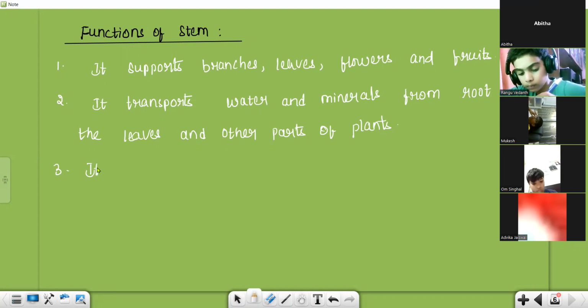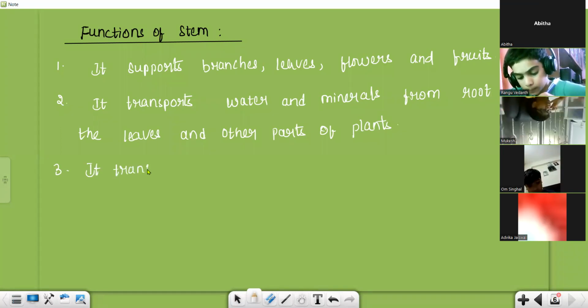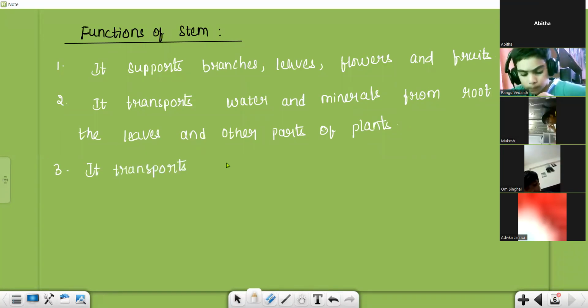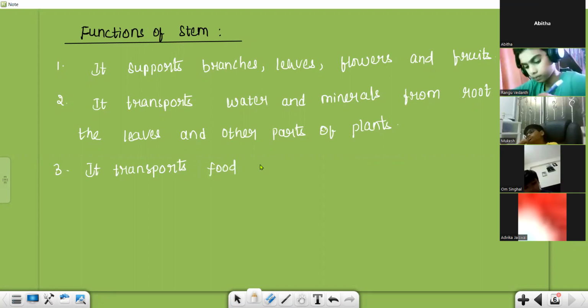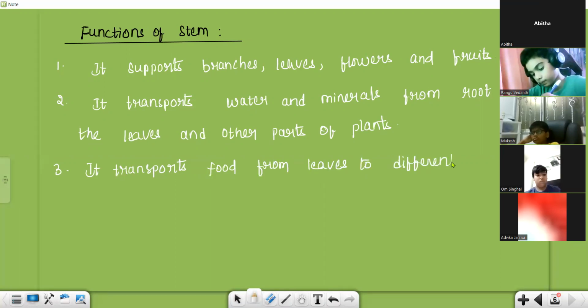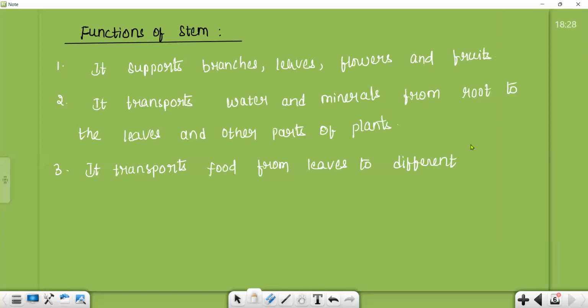So it transports food from leaves to different parts of the plant.